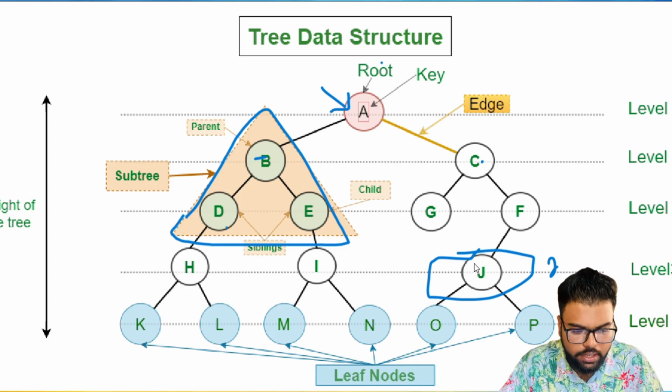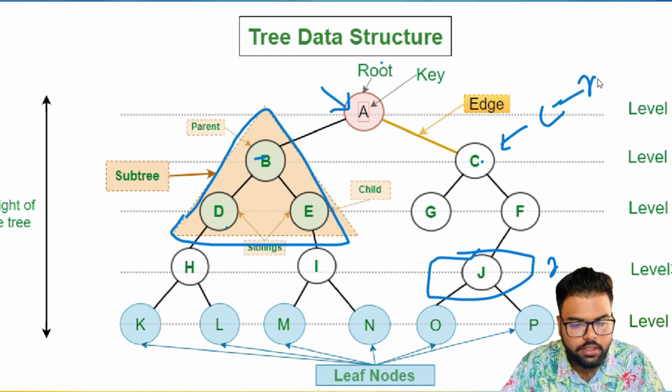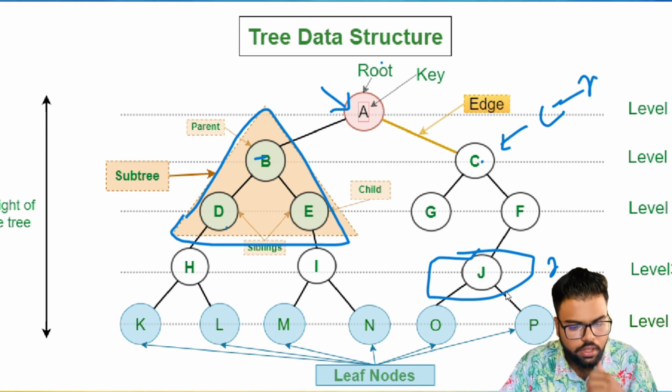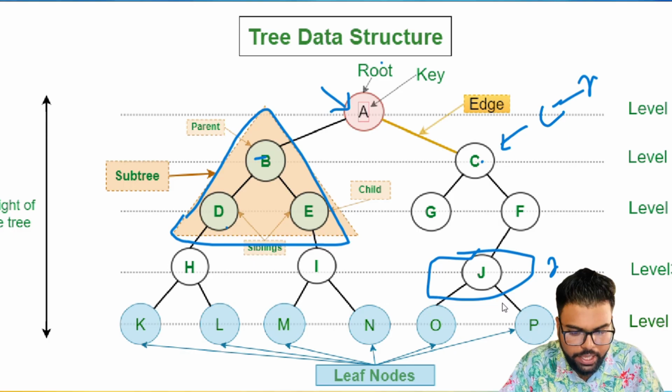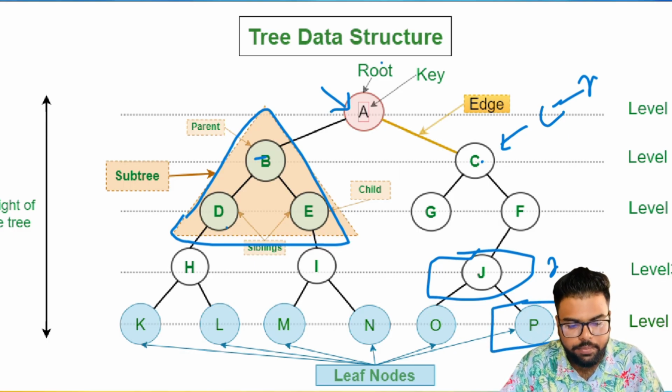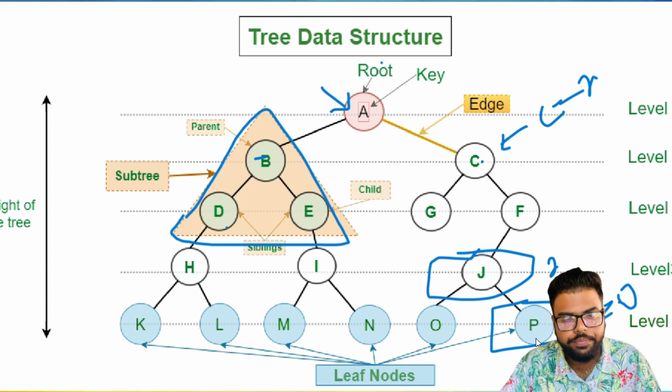J has 2 children, that means J's degree is 2. Look at this C. It also has 2 children, so C's degree is 2. Now look at this P. There are no children. It means P's degree is 0. It means P is a leaf node.